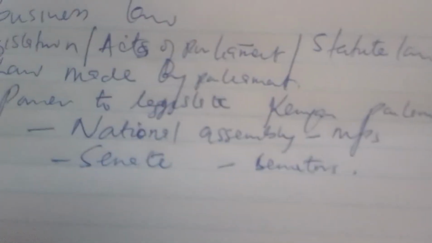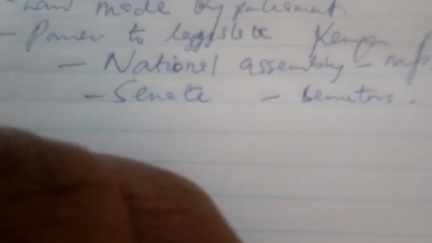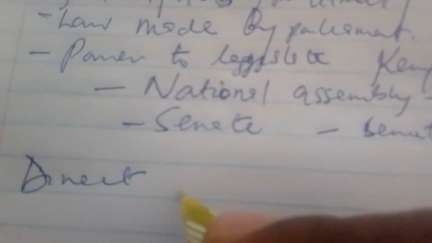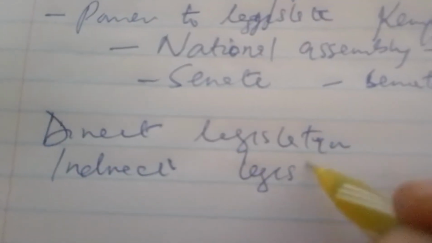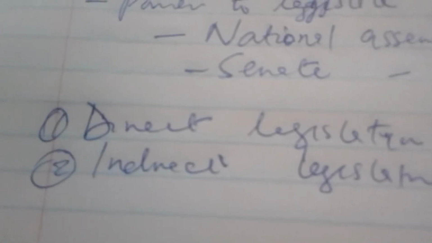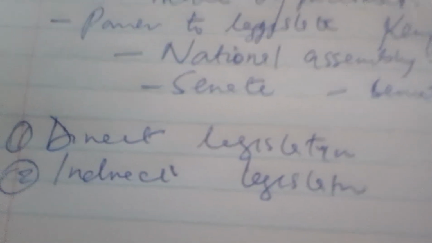Statute law or legislation is categorized into direct legislation and indirect legislation. Okay, so these are the two categories of legislation.